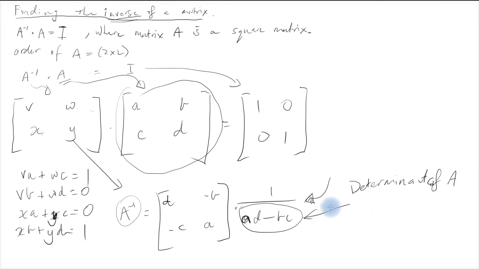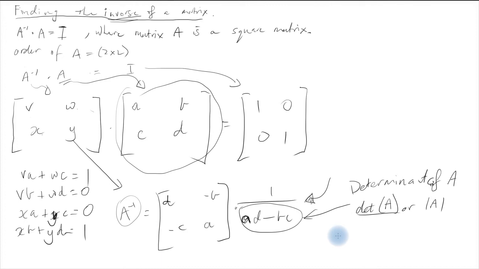And we write it as det A for determinant of A, or sometimes we write it with a modulus sign. So that also means the determinant of A, but we're mostly going to be using det A. Now, the reason the determinant is something important is because, as you well know, you can't divide something by 0. So the determinant cannot be 0. Otherwise, there is no inverse.